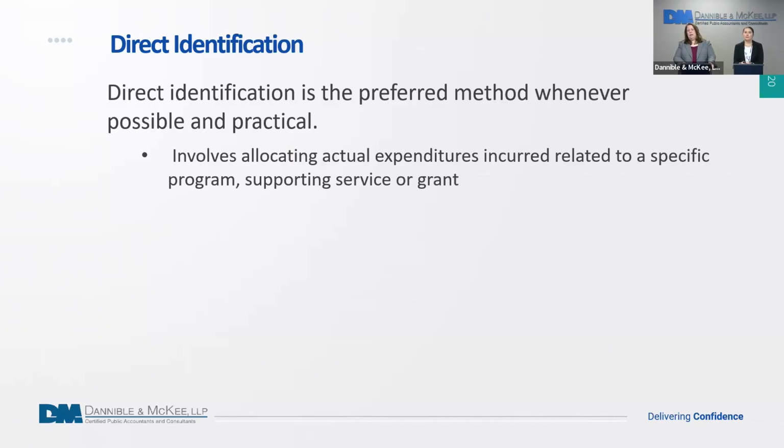It involves allocating actual expenditures incurred related to a specific program, supporting service, or grant. Just keep in mind, let's take salaries. If you take a look at the duties of your individuals and your staff members, what are they doing? They may be 100% program related, so that makes an easy allocation to program for them. And it may be their salaries, their benefits, and various other items.